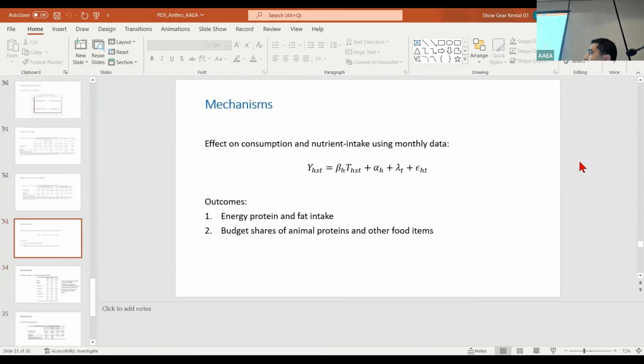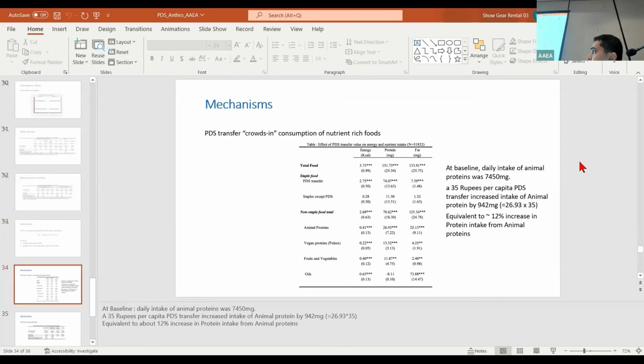Okay, so lastly, I'm just going to spend the last 3 or 4 minutes on looking at the mechanisms. We validate whether nutritional mechanisms can explain the magnitude of stunting reductions that we see. So we use the same estimation and look at whether the food transfers have an effect on food consumption, energy and protein intake, and also budget shares.